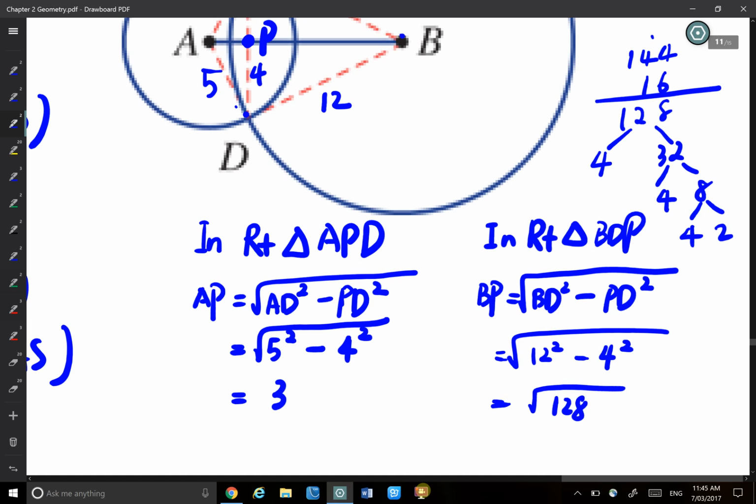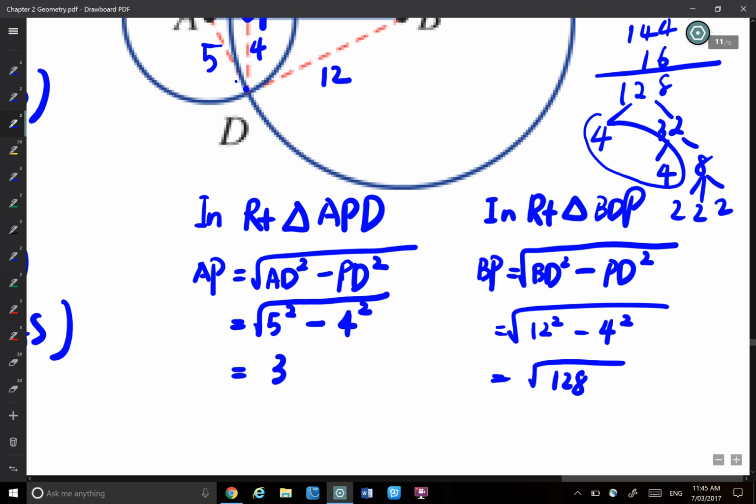So I have three 2's, so it's 8 square root 2. 64 times 2 is 128. So BP is 8 square root 2.